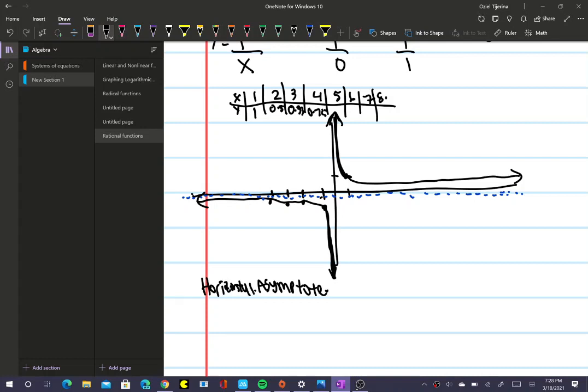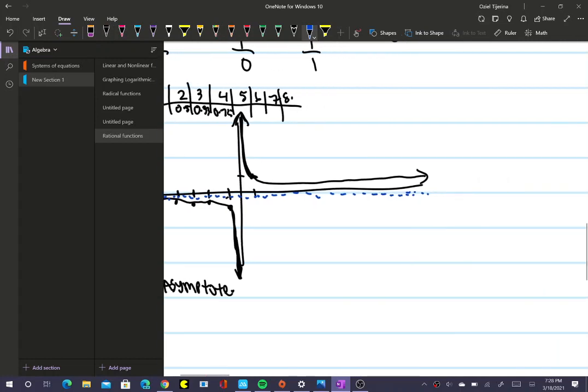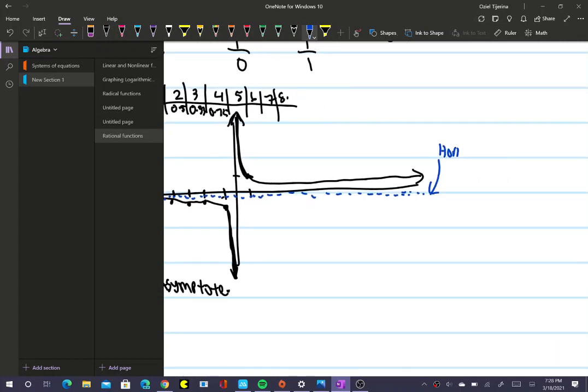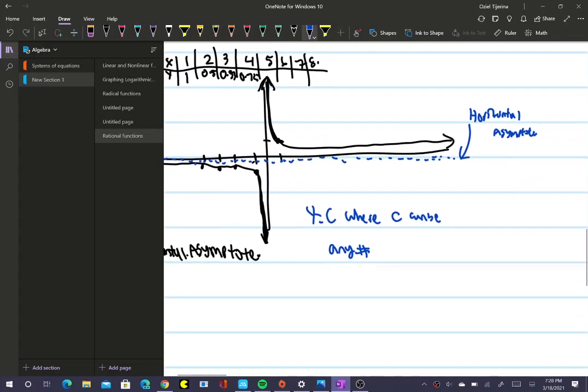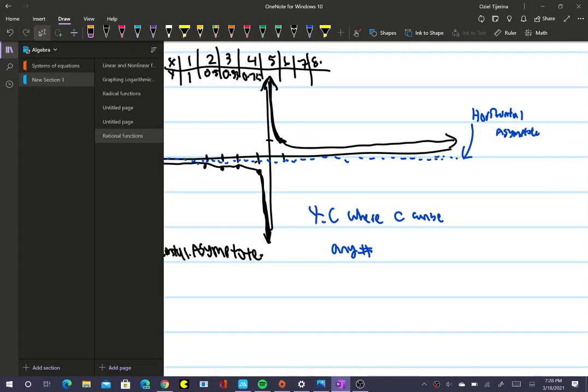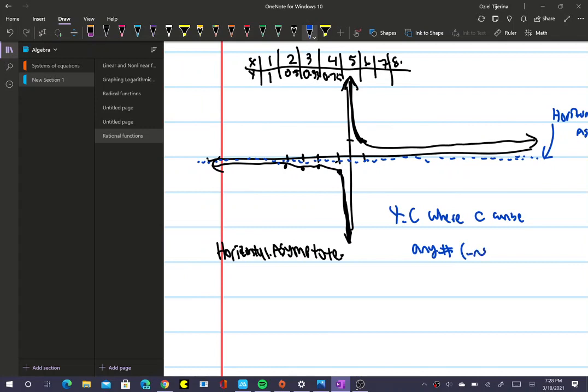So this blue dashed line that we have here is called a horizontal asymptote, and it is defined by y equals a value c, where c can be any number, basically from negative infinity to infinity, okay?